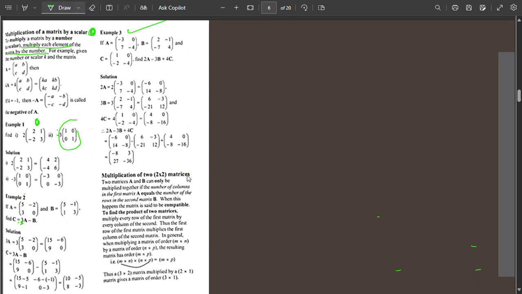So we are here. If we have two matrices, A, which is a 2 by 3 matrix, and then we have B, which is also a 2 by 3 matrix. We cannot multiply them.